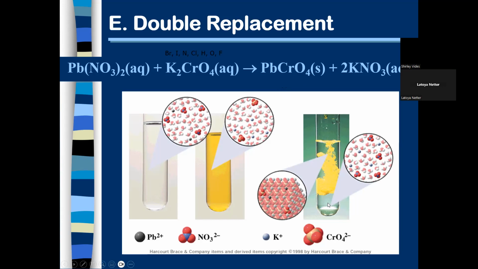Why? Because it fell out of solution. That's the yellow stuff. See how it's clear behind it? That's because it fell out. So all you actually have in there is potassium nitrate in water. That's it. The rest of it is a solid and it's not working.